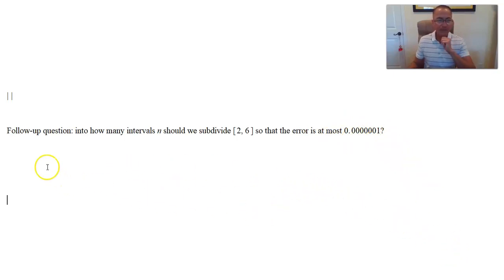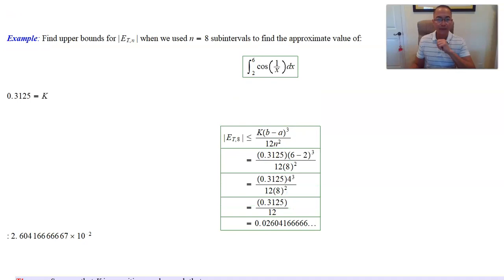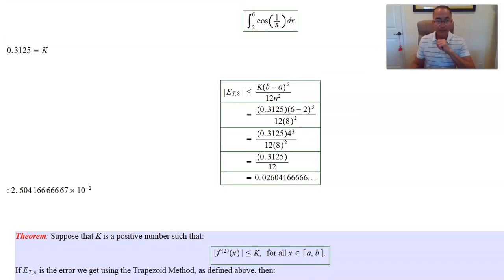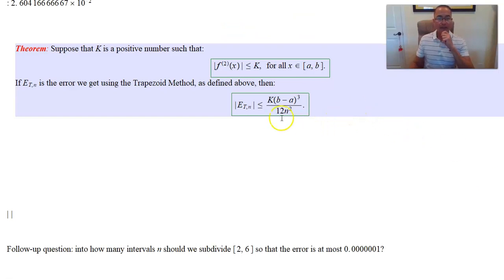So let's go back to the formula. It's right here in the blue. The formula says that the error is at most this much. I want the error to be at most this much.